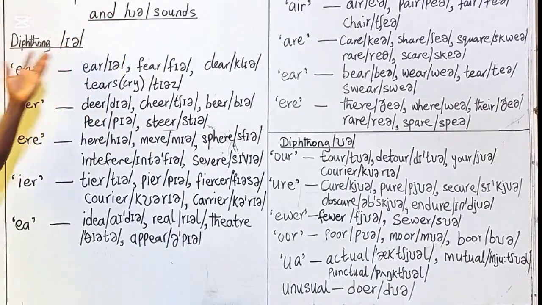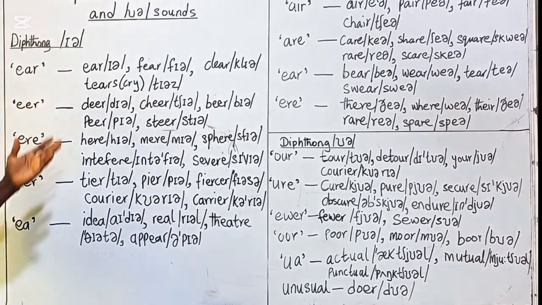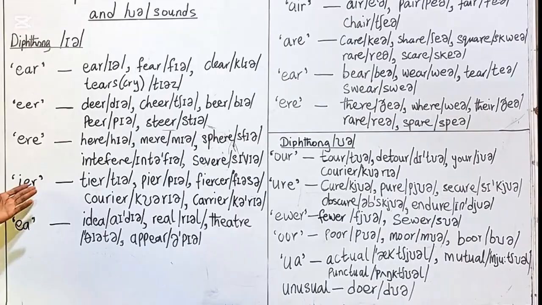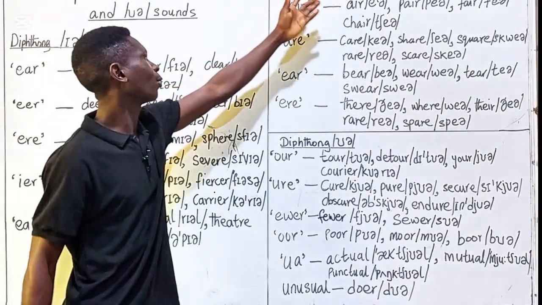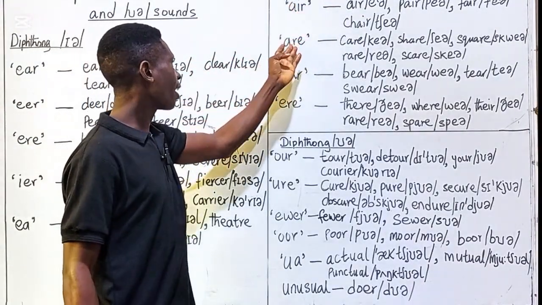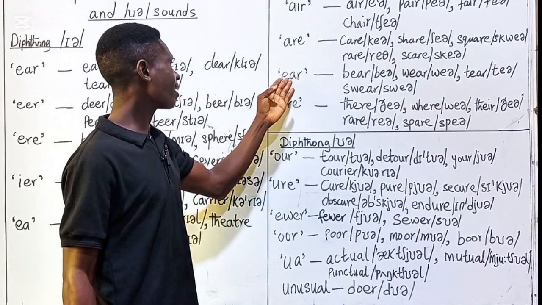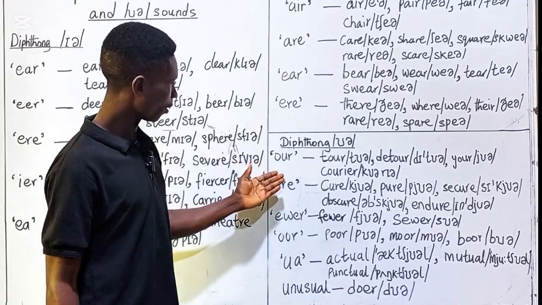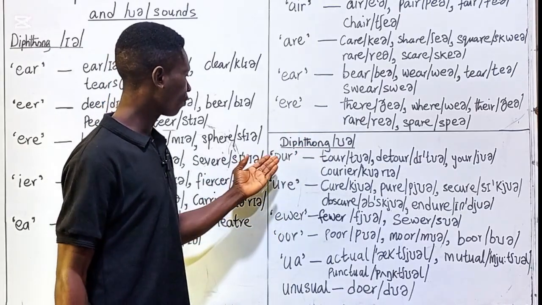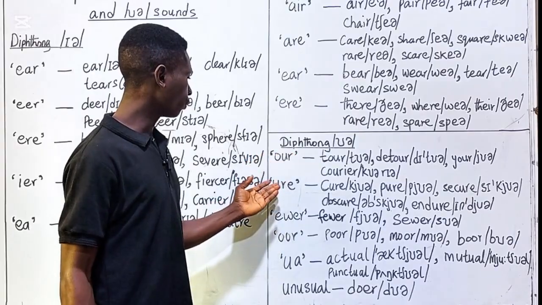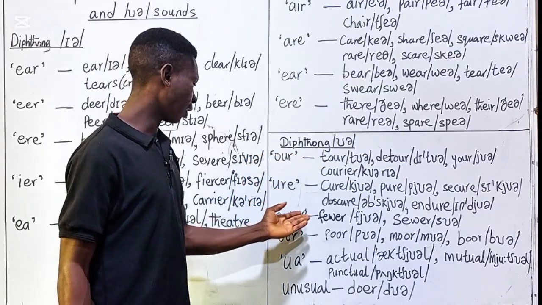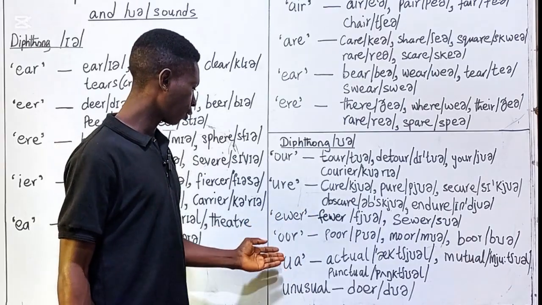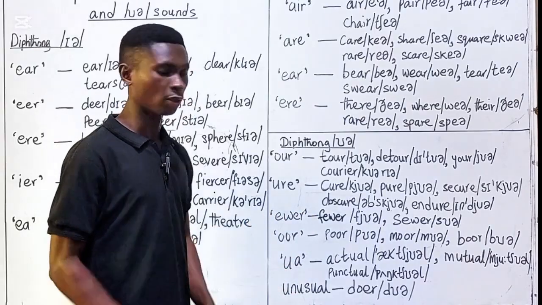Ranging from the ear, we have EAR, EER, ERE, IER, EA. Then for the air sound, we have AIR, ARE, EAR, ERE. Then for the OR sound, we have OUR, URE, EWER, OOR, UR, and the unusual spelling.